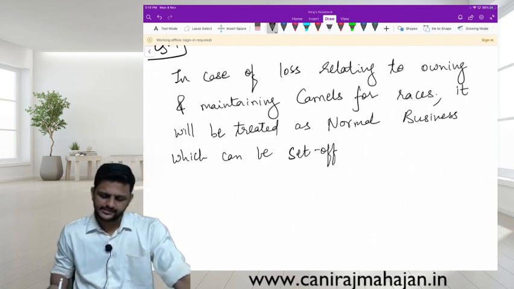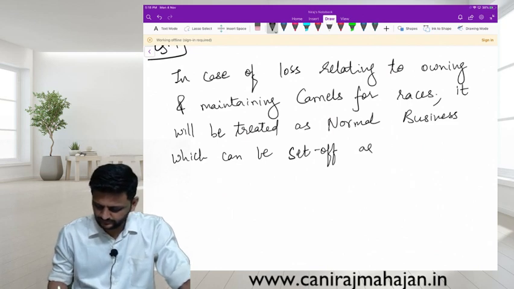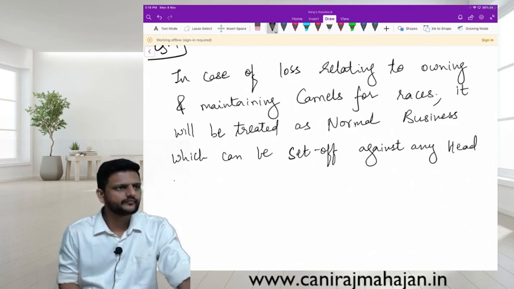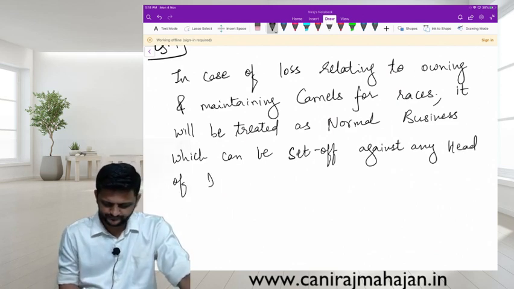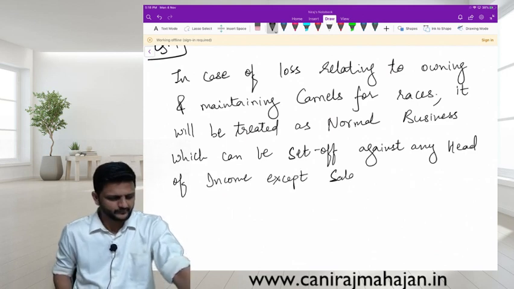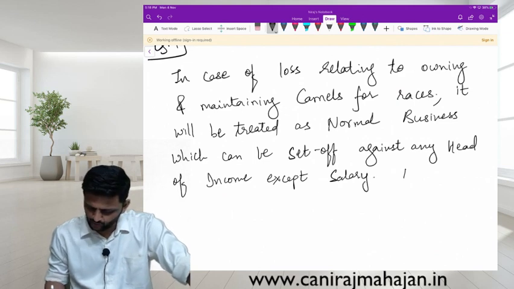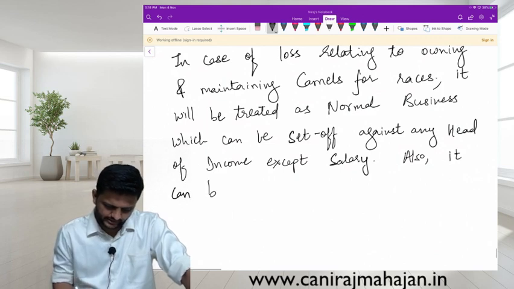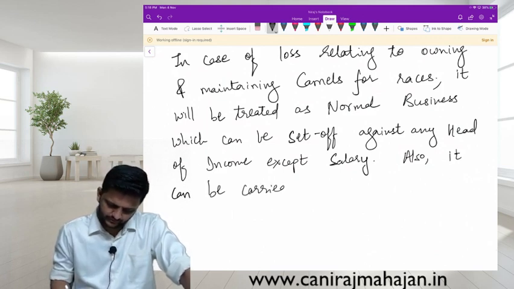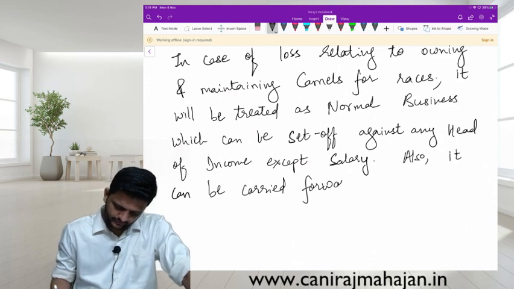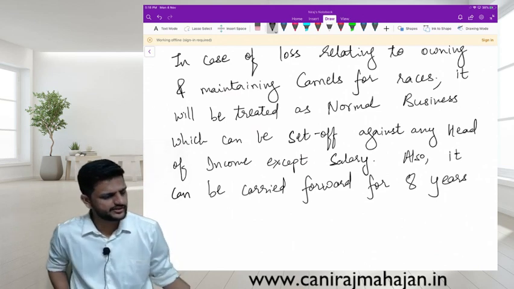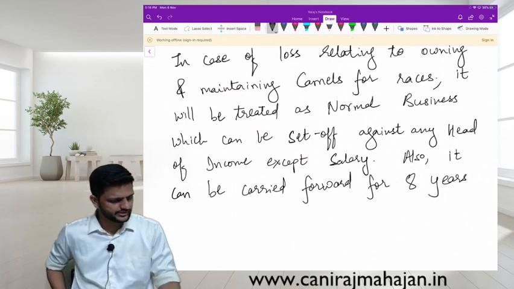Any head of income except salary. Very good. Full stop. Also, it can be carried forward for? Yes, that is the major difference, no? So horse race loss could be set off only against horse race. Here we can set off against any income, just like a normal business.